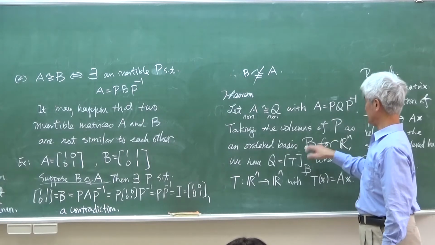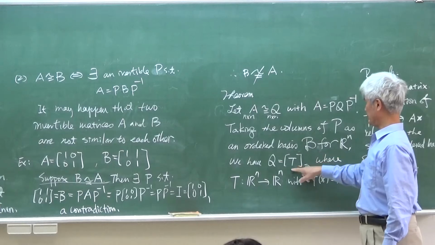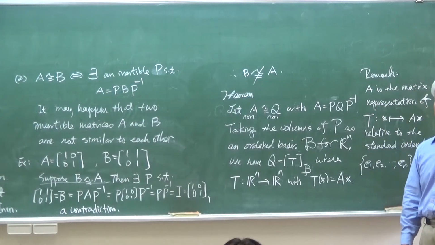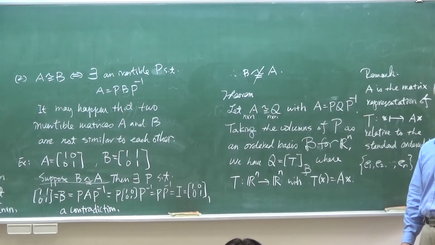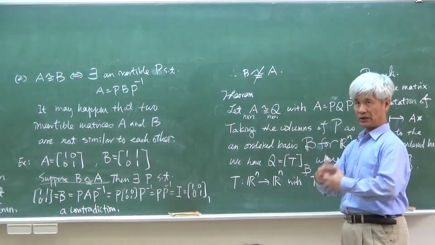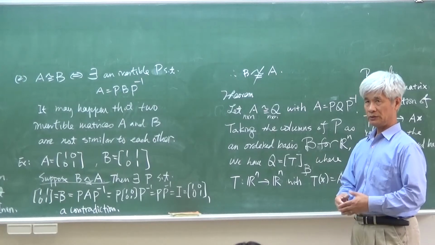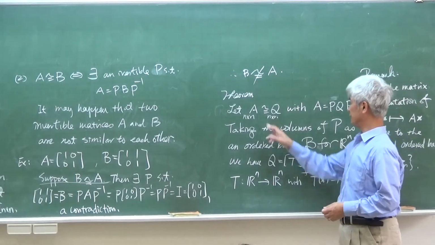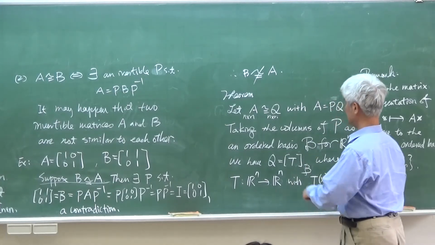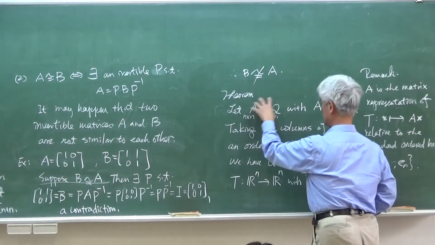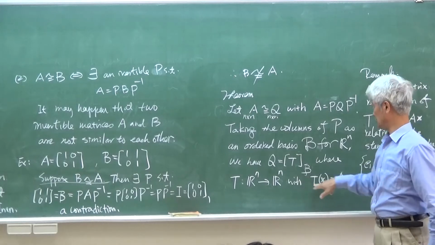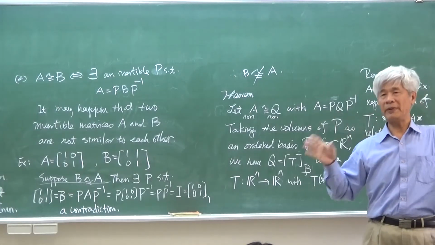Then relative to this basis B, the matrix representation of T is Q. So basically, this is a constructive argument to show that whenever two matrices are similar to each other, you can interpret them as matrix representations of a certain linear transformation relative to different bases.